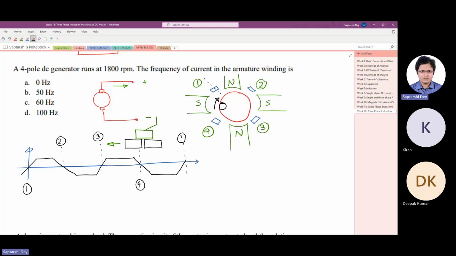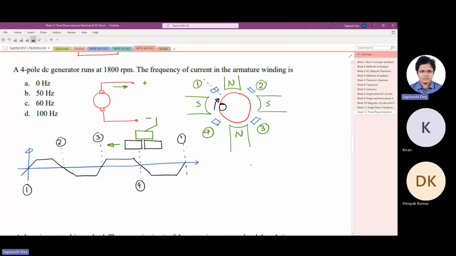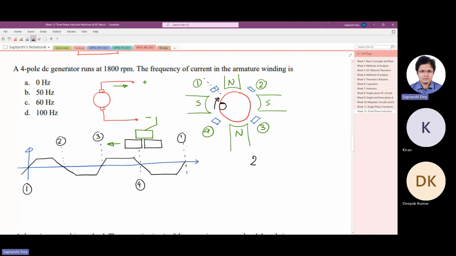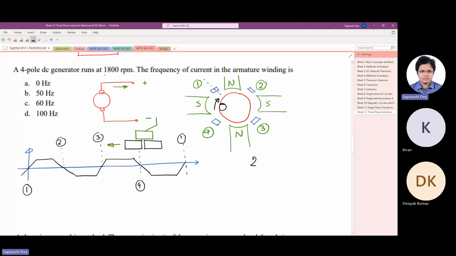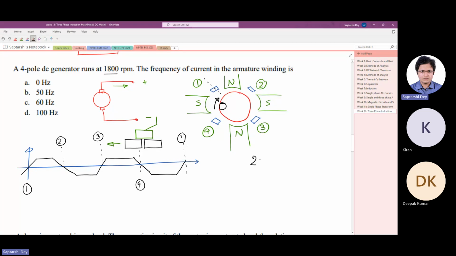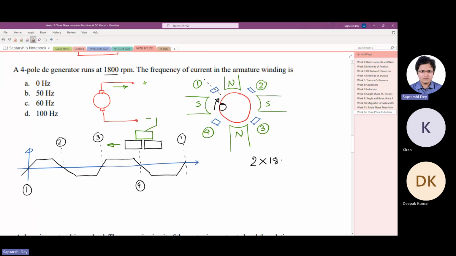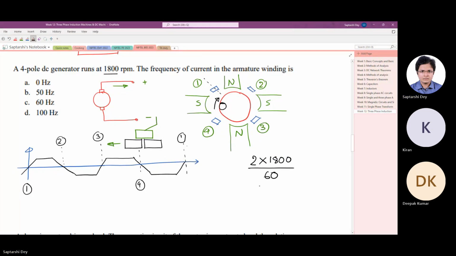2 cycles. 2 cycles it sees. Now in one rotation it sees 2 cycles, and it rotates 1800 times in a minute. So in a minute it sees these many cycles. So in a second it sees these many cycles. So in a second how much it sees? That is the frequency.